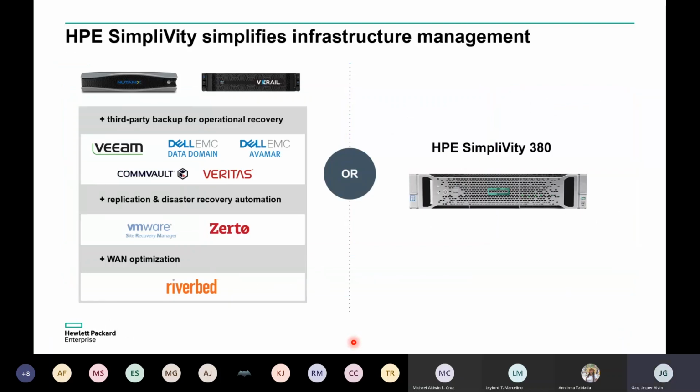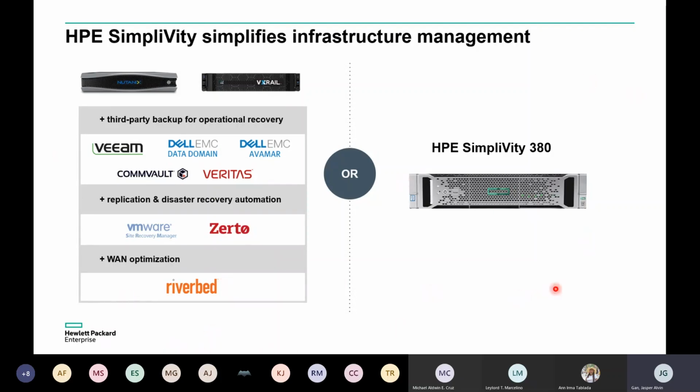So what is the key difference that HPE SimpliVity has compared to its competitors? Most of our competitors, for them to have those operational functionalities or features, they would need to bundle in third-party applications like a Veeam or Commvault for their backups, an SRM for their disaster recovery automation, or a Zerto for their replication, as well as something like a Silver Peak or Riverbed for WAN optimization.